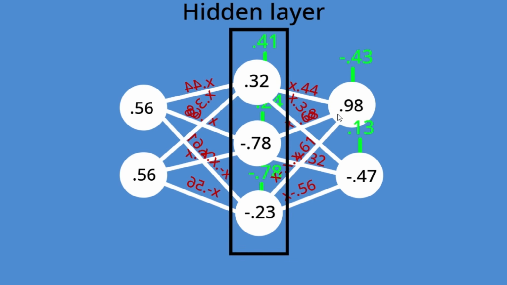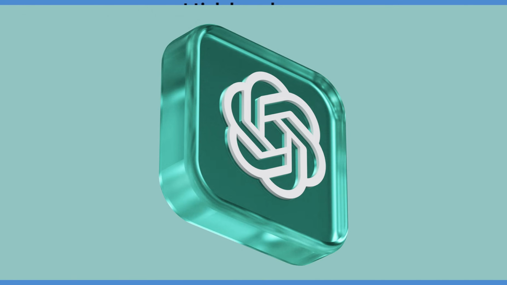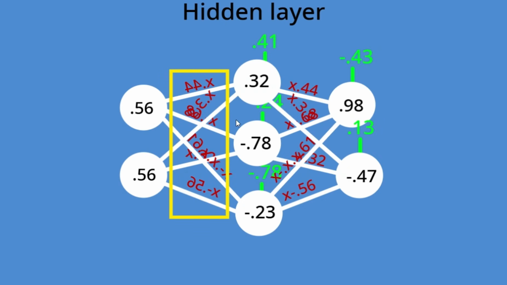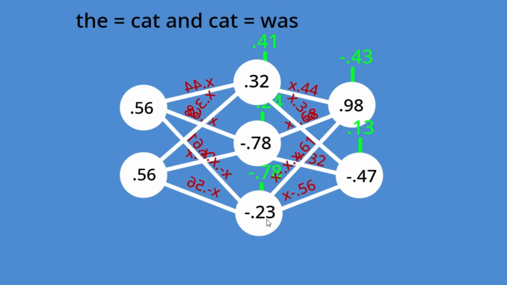The current version of ChatGPT is said to have about 200 hidden layers. This means it can learn all kinds of patterns and be able to understand any question. So whenever we have the hidden layer and we do backpropagation for the hidden layer weights, we now have "the" equal to "cat" and "cat" also equal to "was" without interfering with each other.